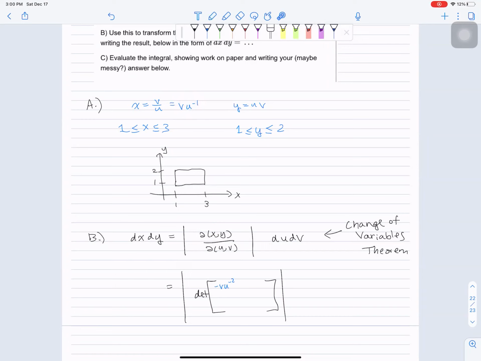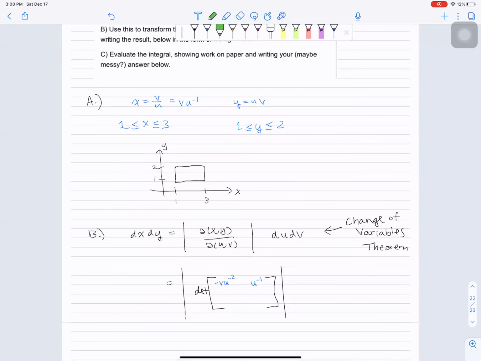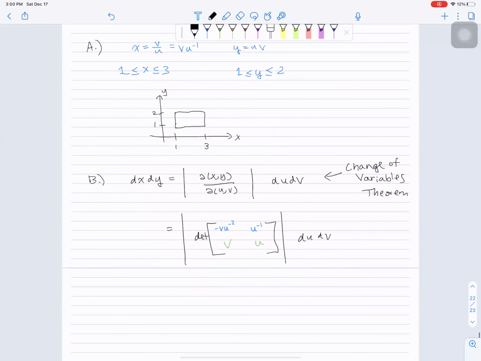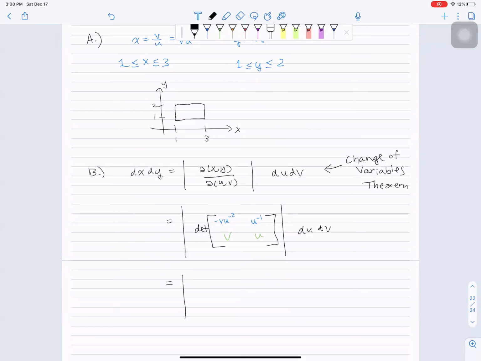And then I look at my second output in my second row. Second output is y equals uv. So what is the partial with respect to u? That's v. Partial with respect to v is u. du dv. What is that determinant? Well, that determinant is negative v over u minus v over u, du dv.